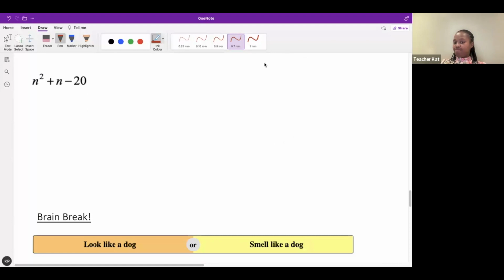Look like one. Why do you not want to smell like one? Yeah, the smell of dogs is very, very disgusting. So you'd rather look like one. Yes. Okay. All right, guys.